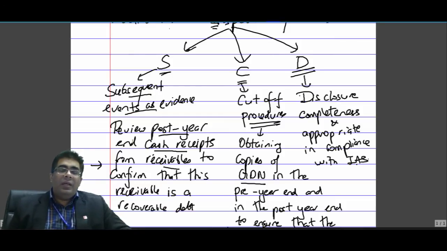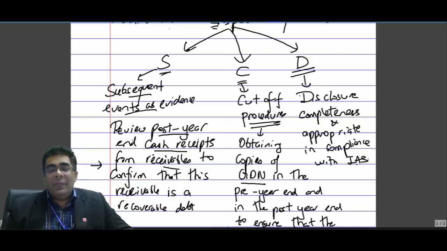If you have a revaluation that has taken place, you must disclose that. If a customer is suing you and there is a high chance that you are going to lose the case, you must disclose the contingent liability. So disclosures must be reviewed.